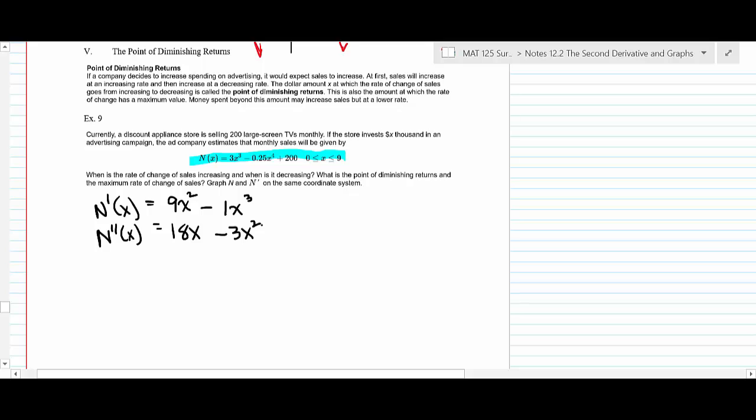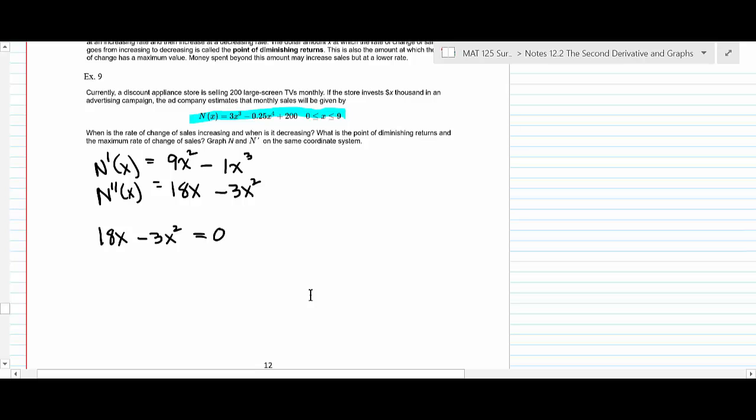Okay, now what we're going to do is make a sign chart for the concavity. This is how you do a point of diminishing returns. We could do the increasing and decreasing, but I'm not going to take the time to do that. Let's set that equal to 0, solve the equation, and then find that point of inflection. Okay, how do you factor this?